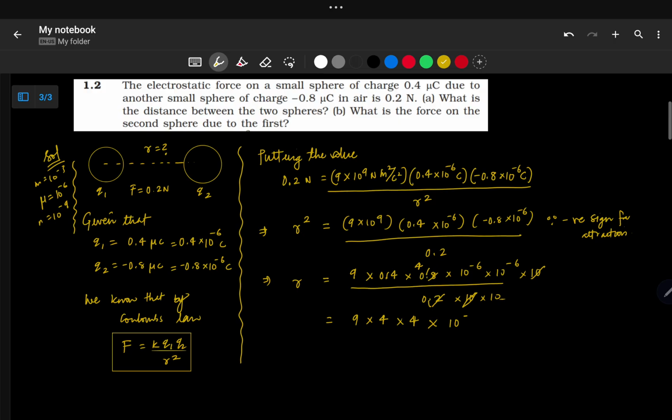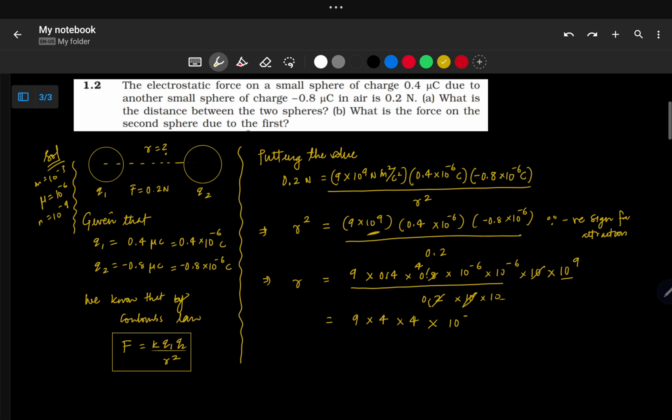One thing is missing here: I haven't taken that into consideration. That 10 to the power minus 9 I have missed here, so I have to also write the 10 to the power minus 6. This is the mistake that we make while calculating. So this 10 to the power 9 is missing here.